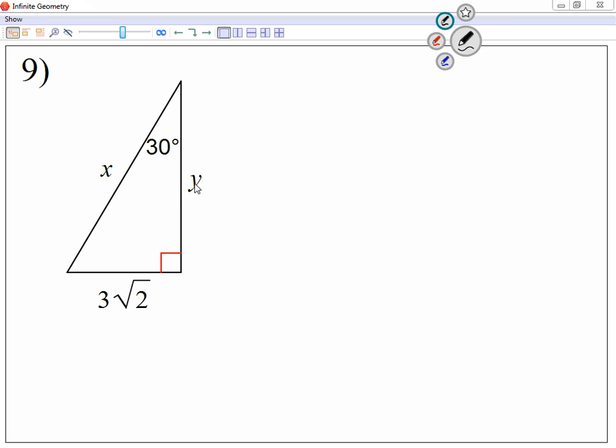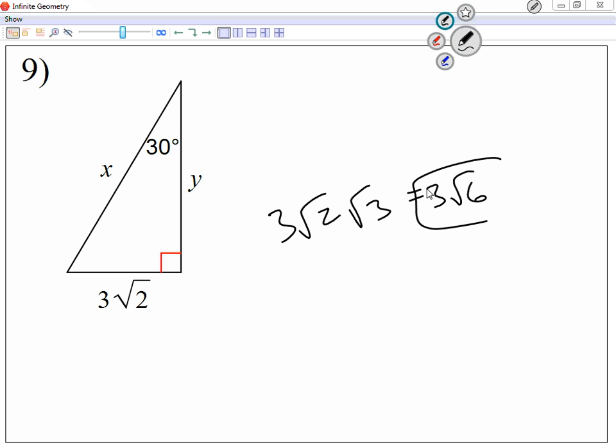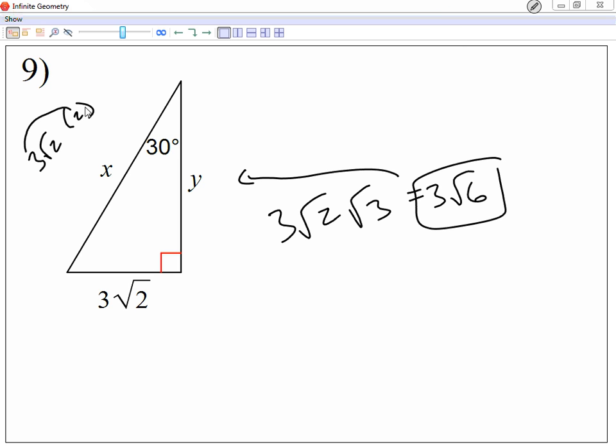How do you get the 6 over here? Because we have 3 radical 2 times radical 3. Combine your radicals. I'm going to have 3 radical 6 for y. On the hypotenuse, because we had 3 radical 2 times 2, you can combine your whole numbers, 3 times 2. So we're going to call that 6 radical 2.